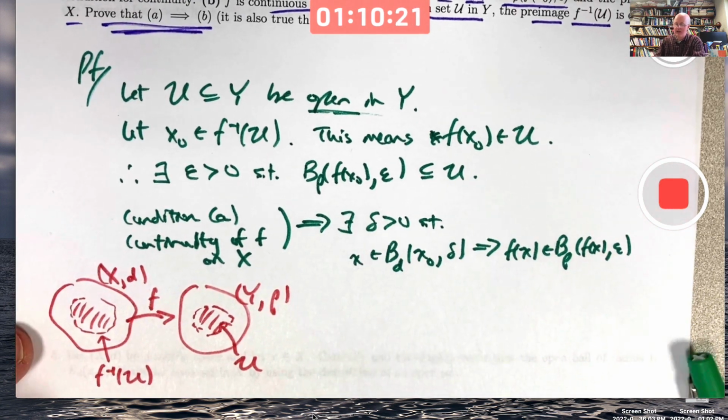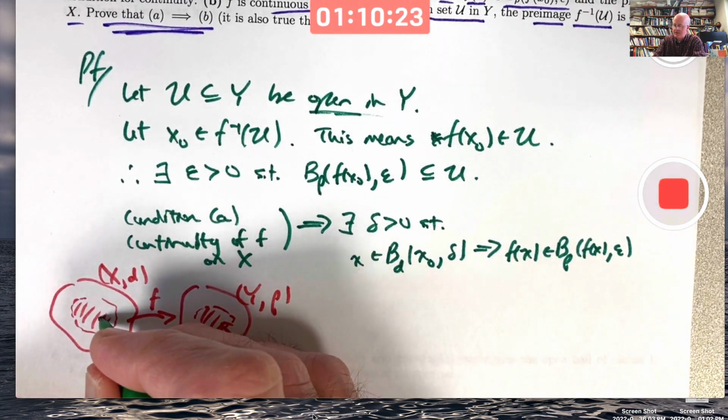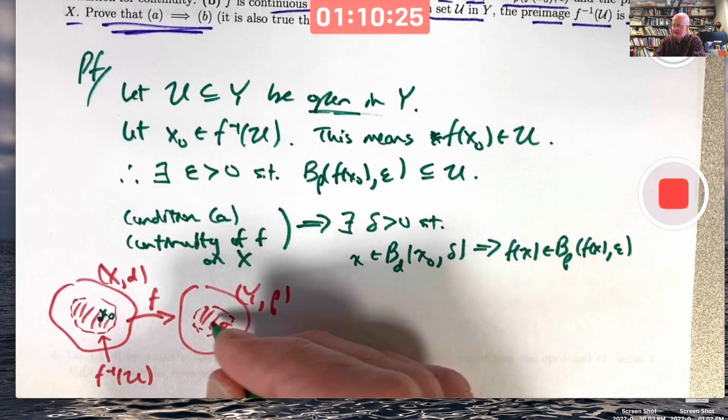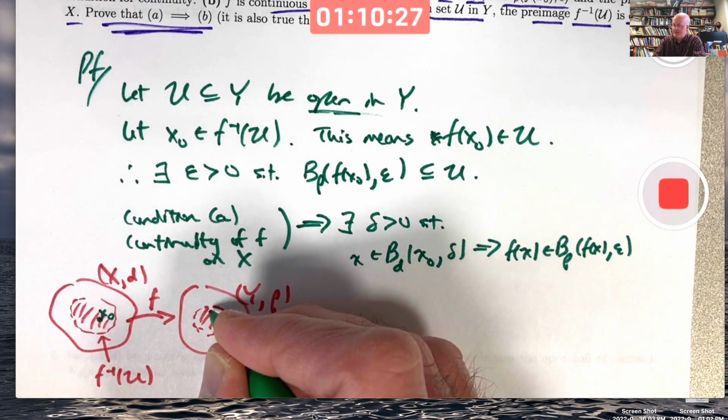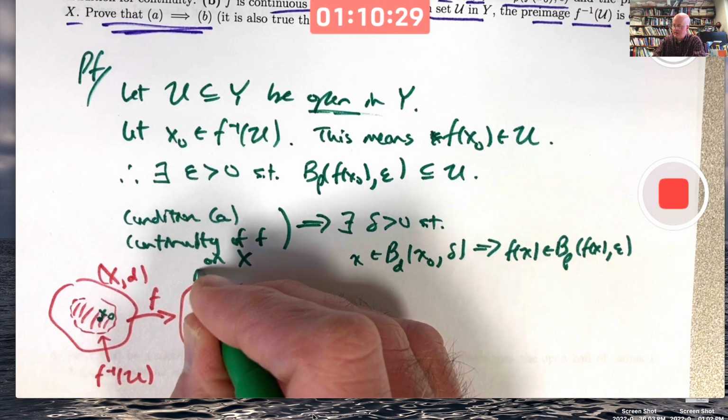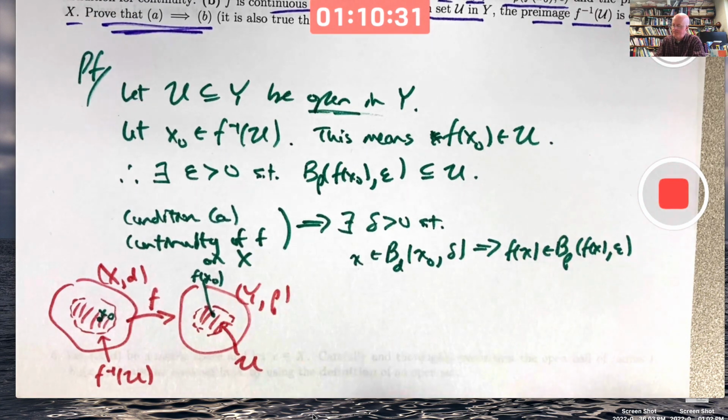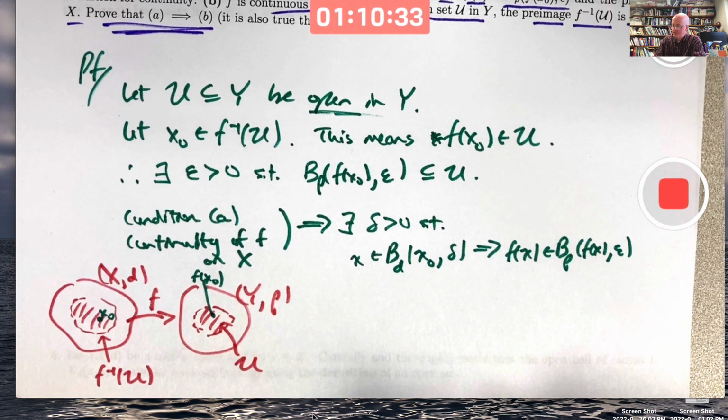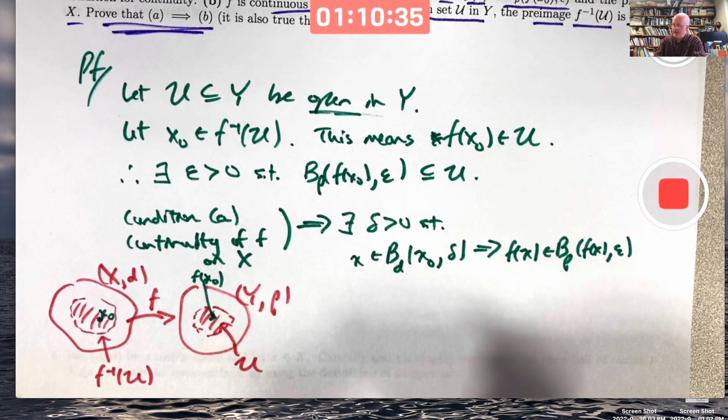Give me an arbitrary x0 in that preimage. Its image under f is going to be over here in U, by definition of what it means to be in the preimage.